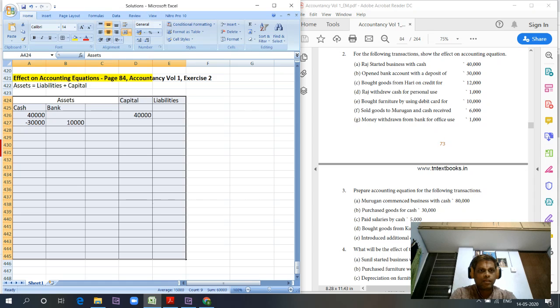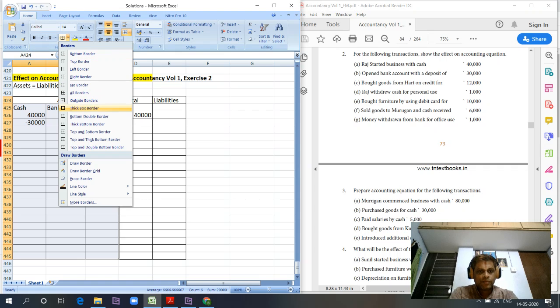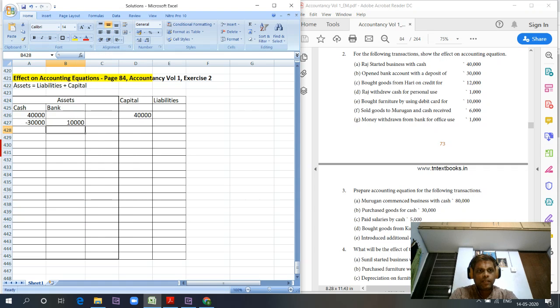Let's put a column with a thick box border to differentiate assets and capital separately, liabilities separately. Remember, friends, the formatting is more important when you do the question answer in exams. You have to present it in a better way.